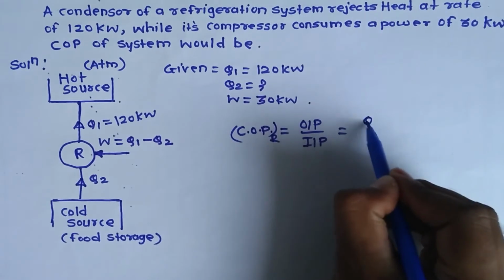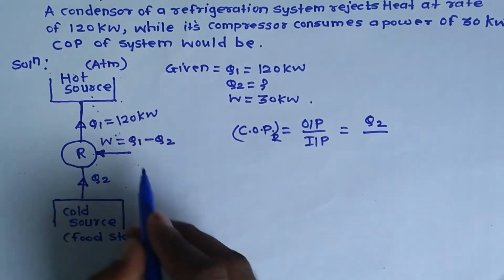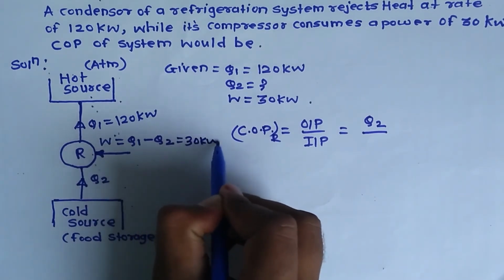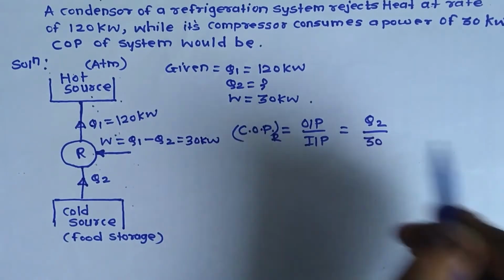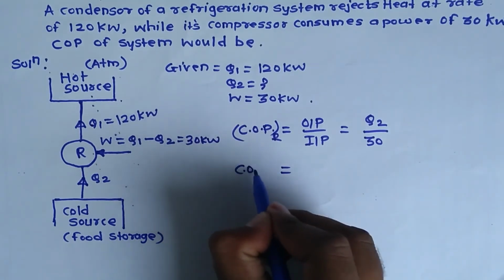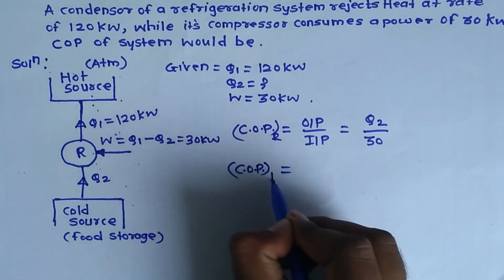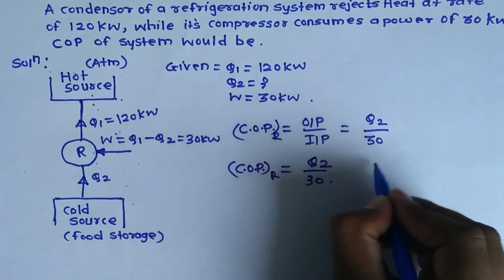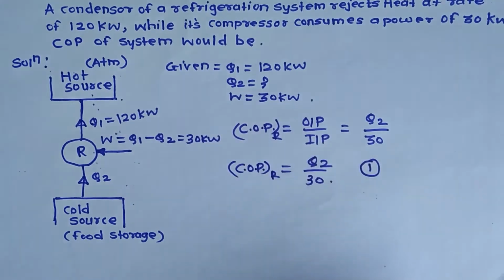So Q2 will be output. And input, how much will be the input? We are giving input of 30 kilowatt. Okay, coefficient of performance of refrigerator will be Q2 divided by 30. So this will be the equation number 1.